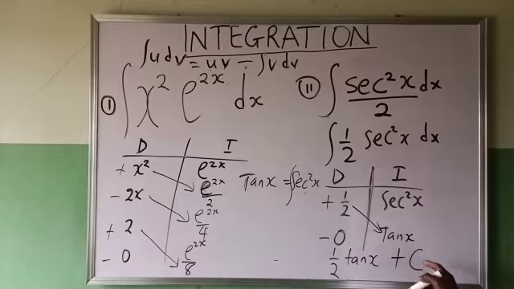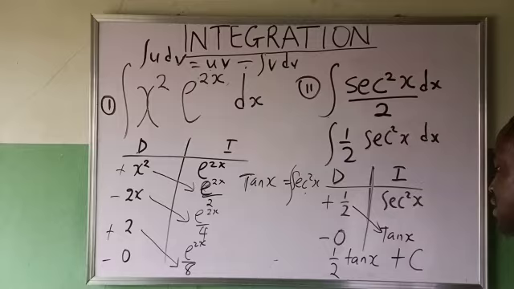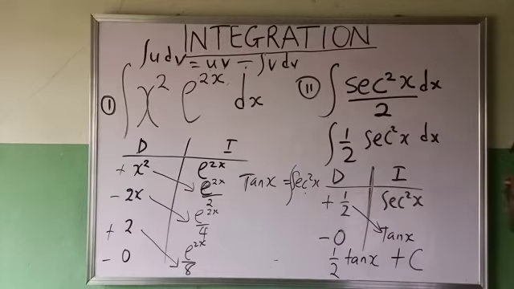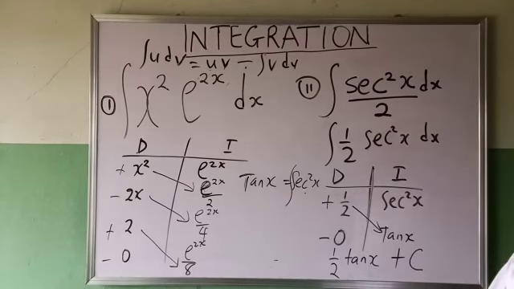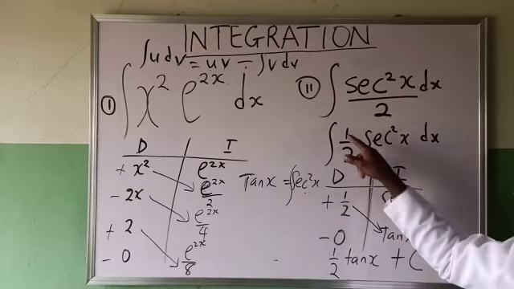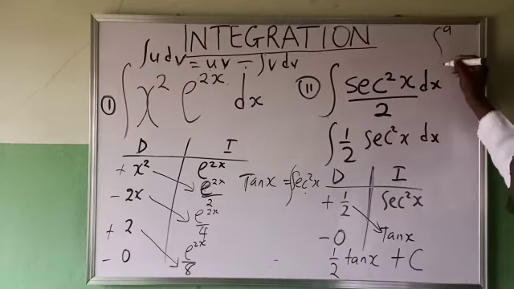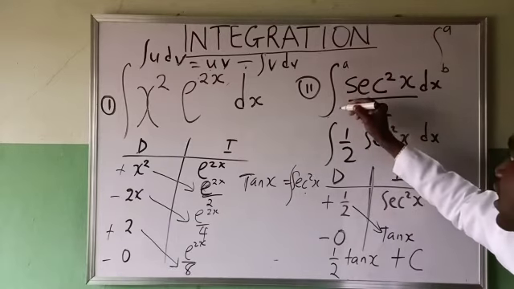Why I'm putting plus c is because there is no upper and lower limit given in the question. But if there is an upper and lower limit, you put the value of your upper limit as the value of x, get the answer first, then put the value of the lower limit. Let's say here is a and here is b.